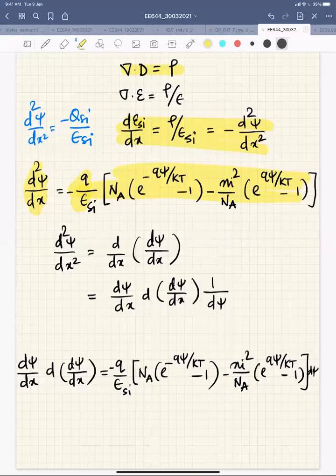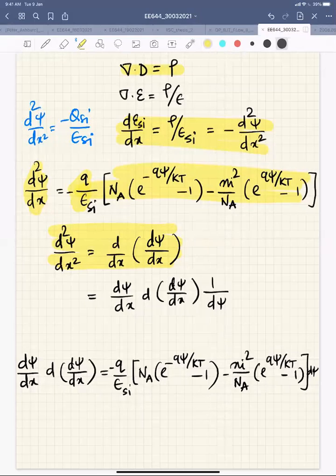So this is a simple mathematical thing. If you see d square psi by dx square, I could always write it as d by dx of d psi by dx, and I could also write d psi by dx into d psi by dx into 1 by d psi.